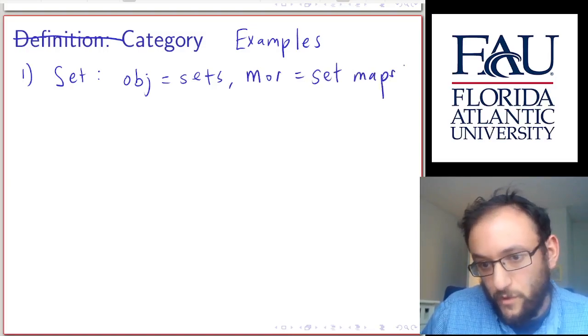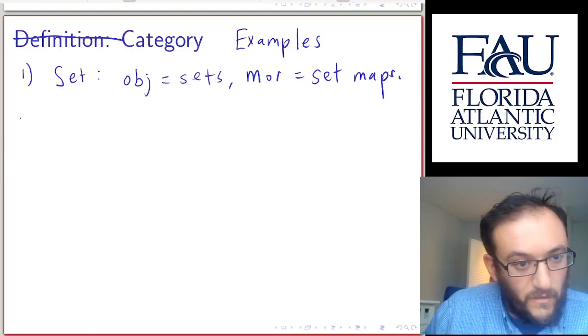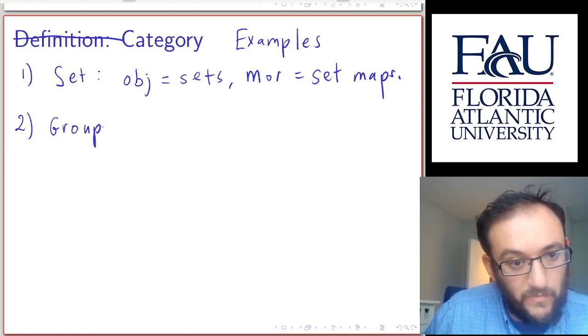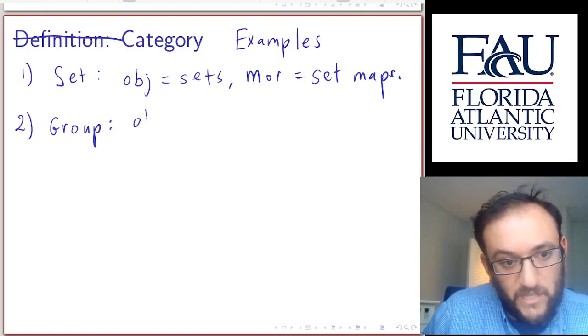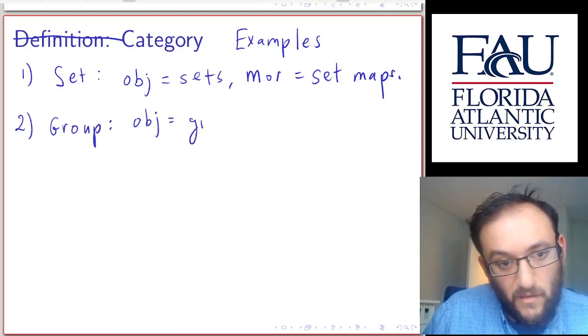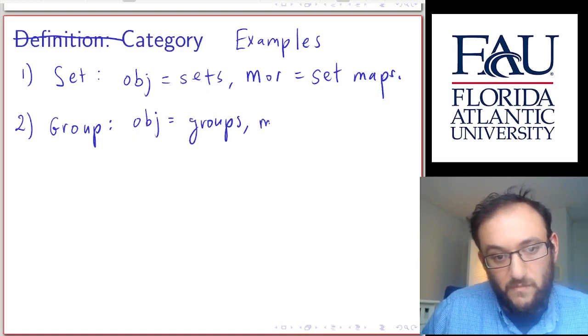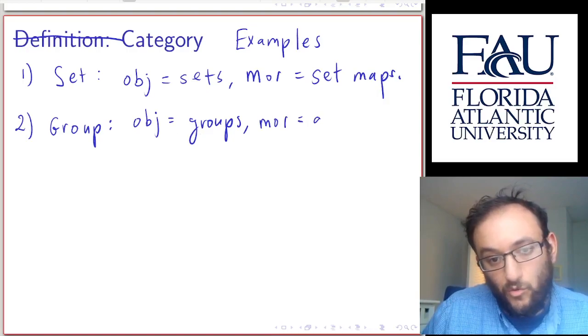Okay, pretty straightforward. Another category is Group, and the objects here are groups, and the morphisms are group homomorphisms.